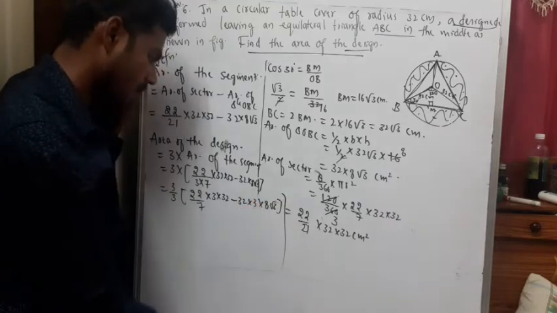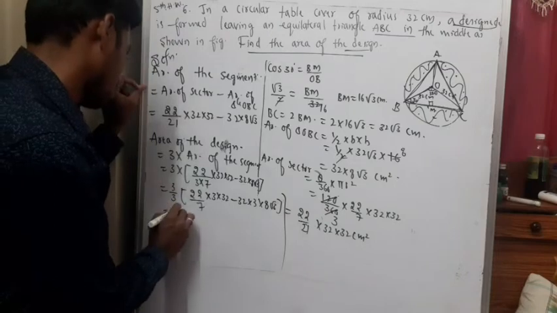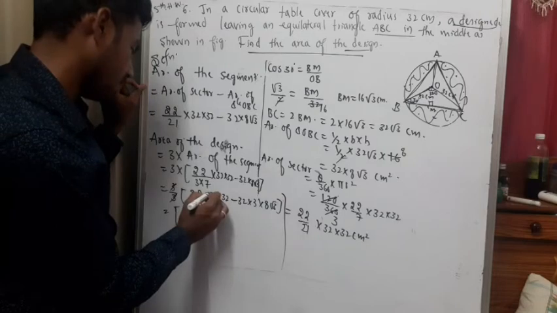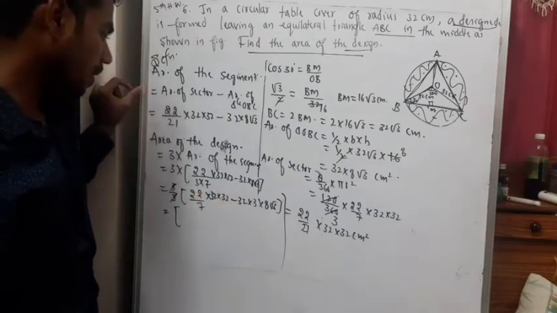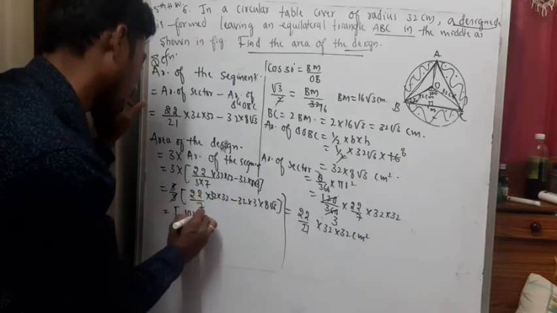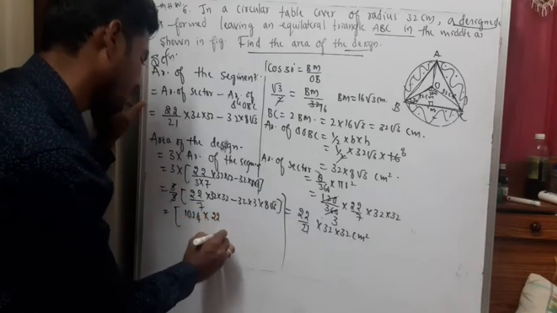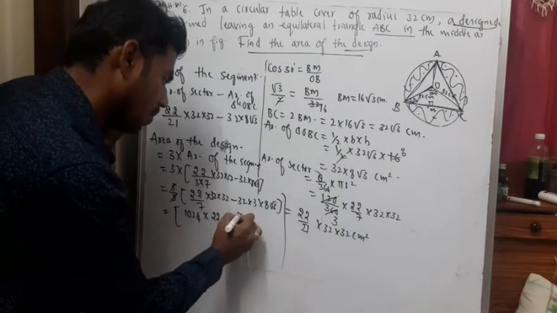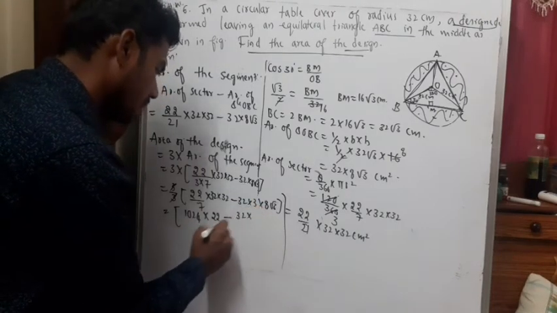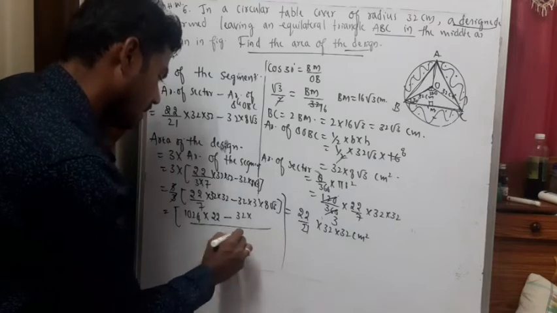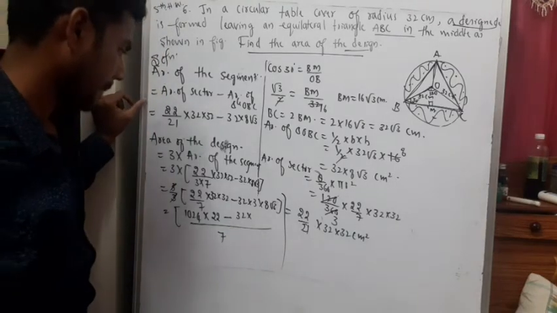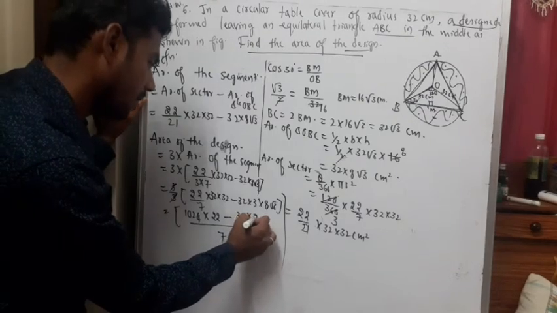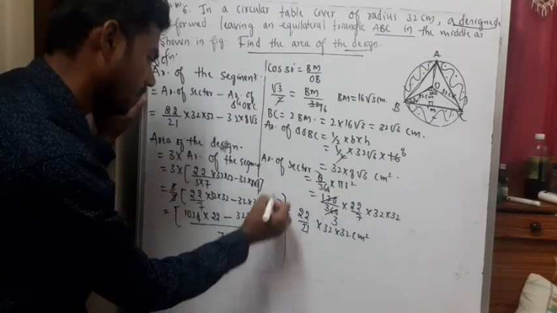Now 3 will get cancelled. This is 32 into 32, which is nothing but 1024 into 22. I'll take 7 as LCM, so this will be 7 threes are 21 into 8 root 3.